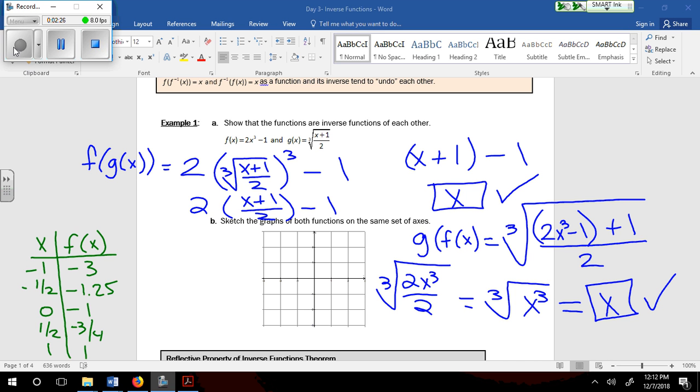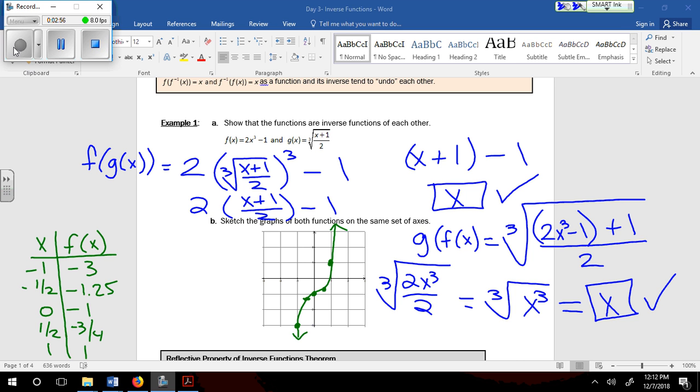All right, so if I plot these points, negative 1, negative 1, 2, 3, negative 1/2, negative 1.25, 0, negative 1, 1/2, negative 3/4, and 1, 1. My graph looks something like this.